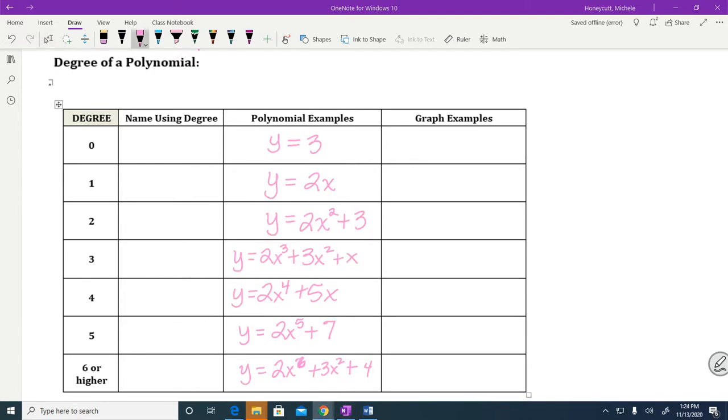So here we have some example equations, and you can name a polynomial based on the degree. So what is the degree? The degree is the highest exponent on the variable when you're looking for the degree of a polynomial.